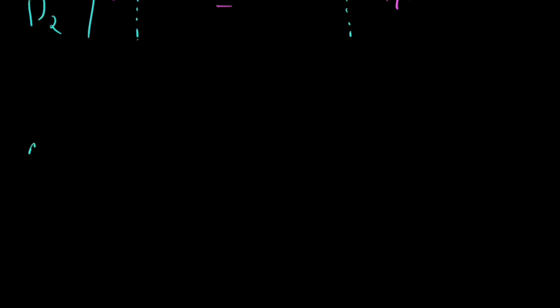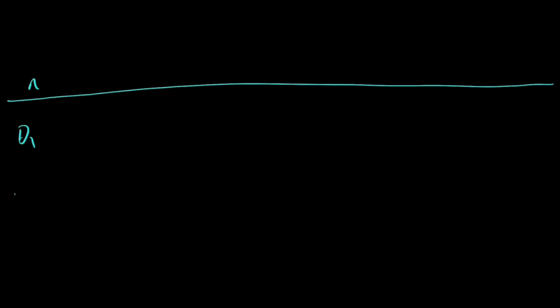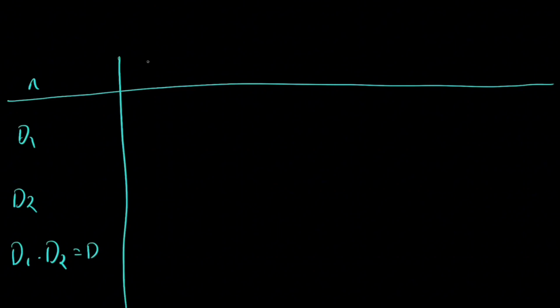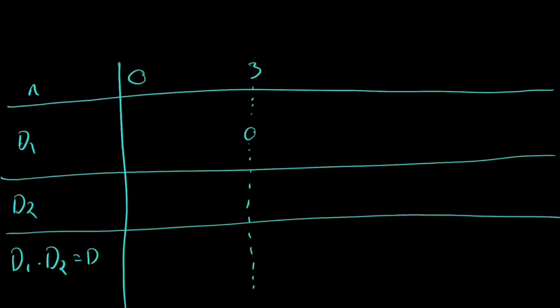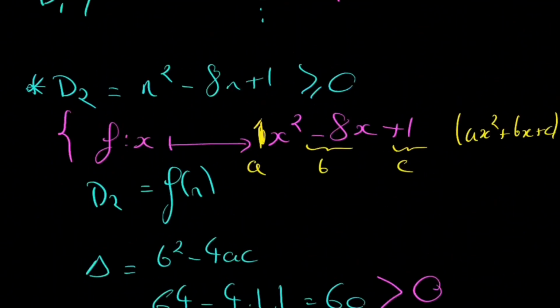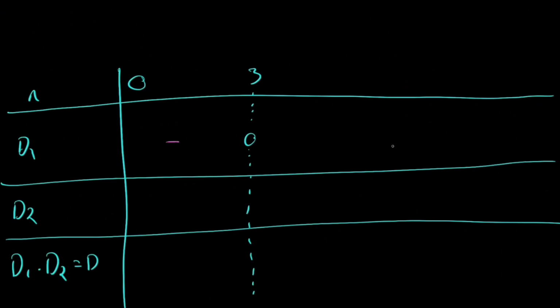So we've got N, we've got D1, we've got D2, and we've got D1 times D2, which is equal to D. And we will have 0. Let's remember that for D1 the special value is 3, so we've got 3 here with a 0, and before that it was negative. So we got negative, positive.